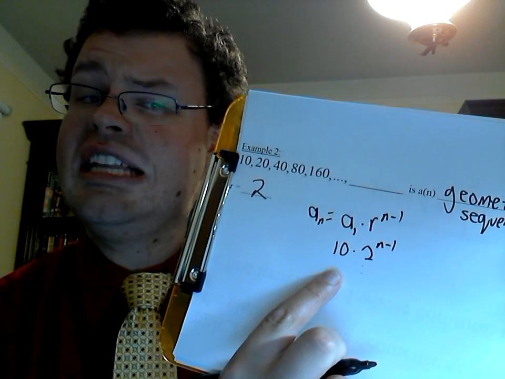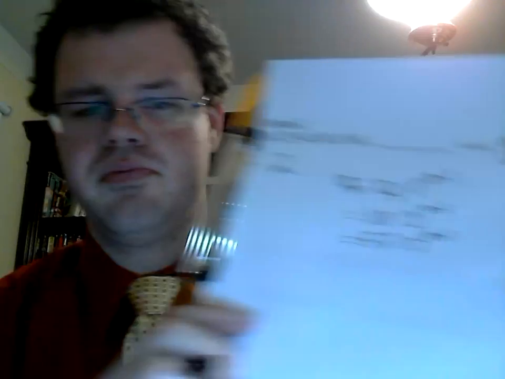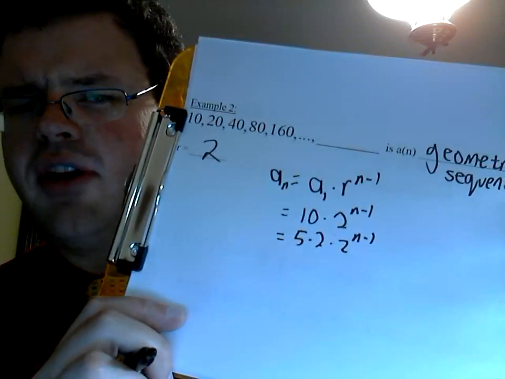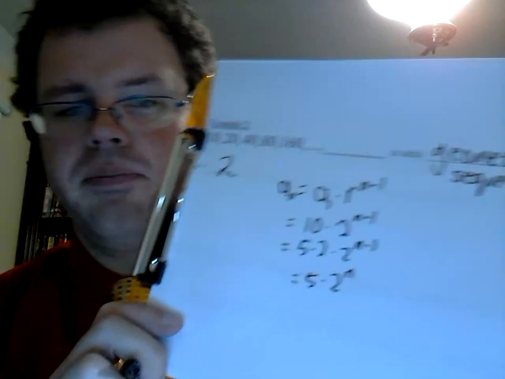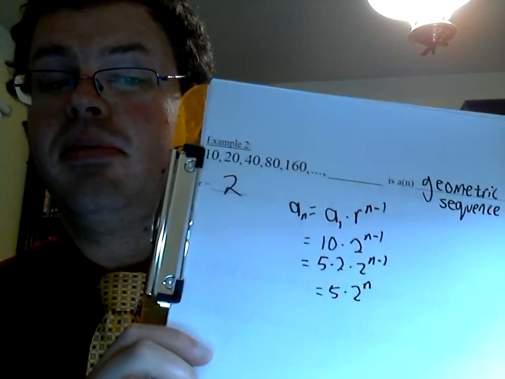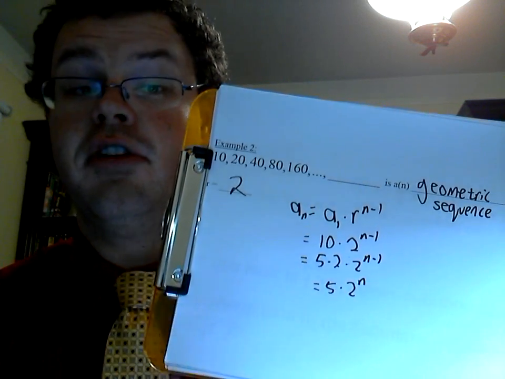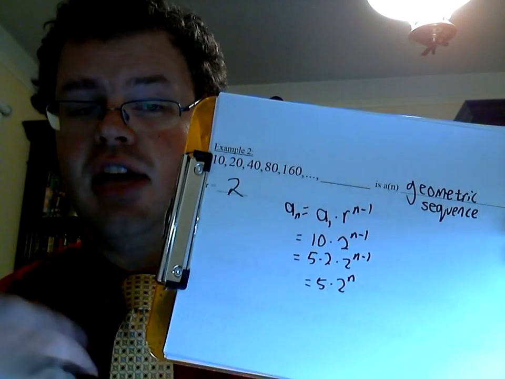Actually, I think we can clean this up, make it look just a bit nicer. Because 10 is the same thing as 5 times 2. So I can do that. Why would I do that? Well, like before, what's 2 times 2 to the n minus 1? That's 5 times 2 to the n. Does this work? Let's see. If I plug in 1, 2 to the first is 2. 5 times 2 is 10.